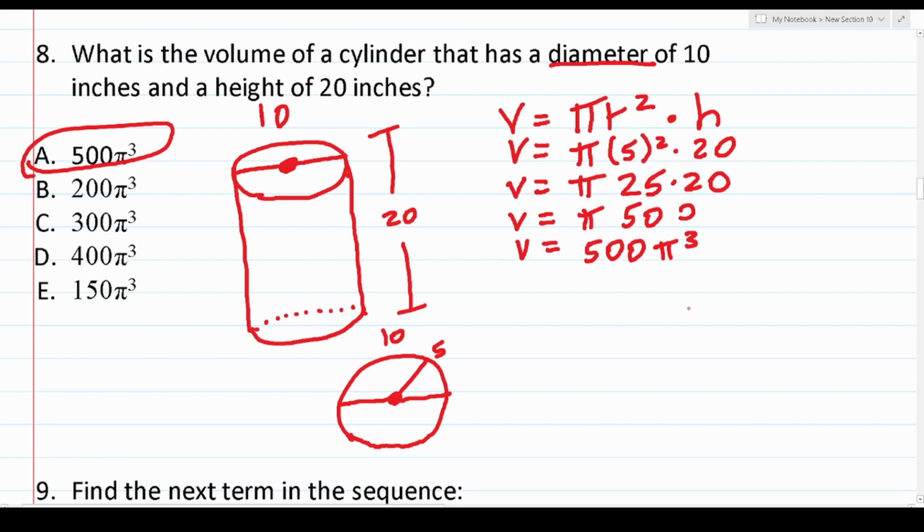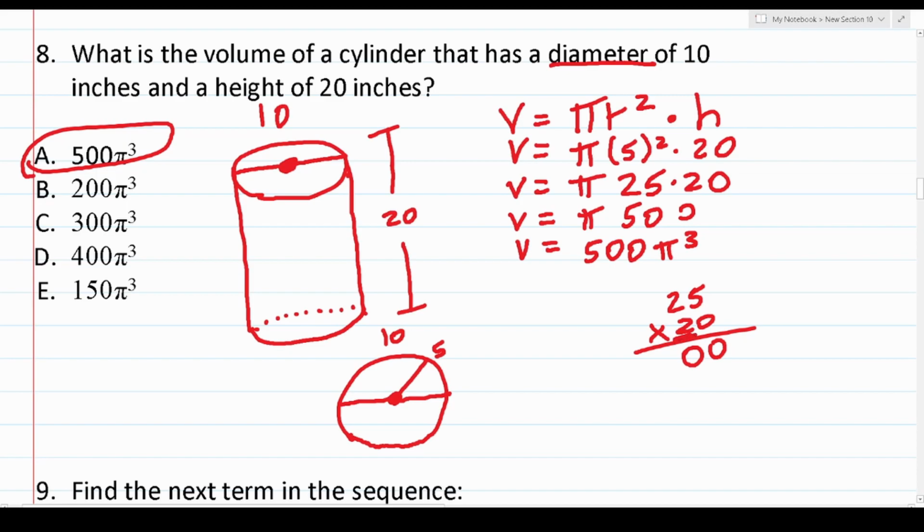In case you needed me to work this out for you, just so you can see it, we have 25 times 20. And there's no problem working it out like this if you can't do the mental math. Sometimes I prefer working out simple problems just because I know if I'm tired, I'm prone to make mistakes. So this becomes 5 times 0, which is 0, 2 times 0, which is 0.